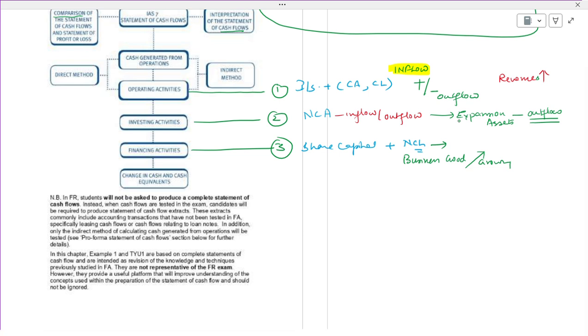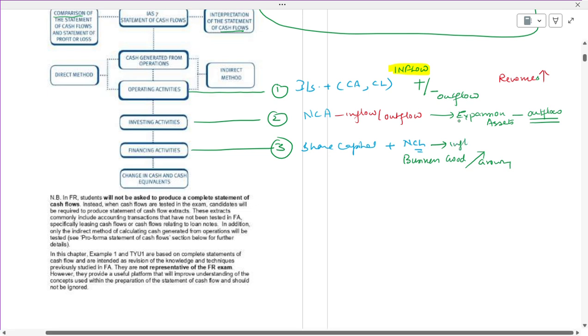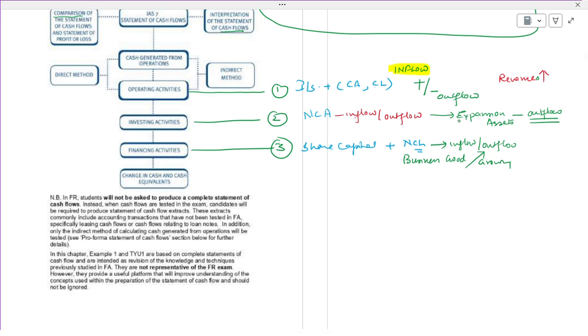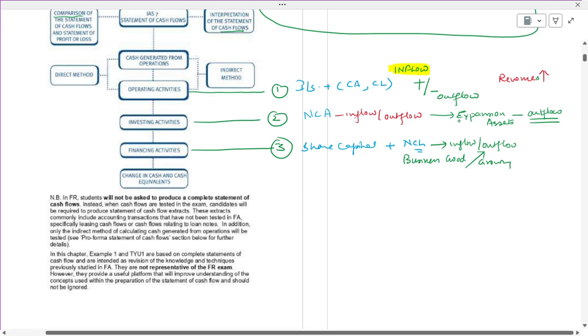Not only loans, you will have an inflow and you will have an outflow also. You will pay also. There will be an inflow, there will be an outflow. It means people are giving you loans, but you are also paying on time.